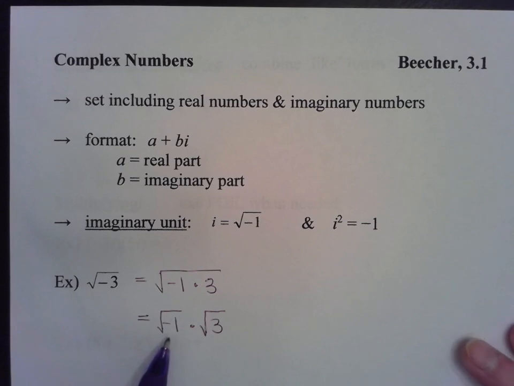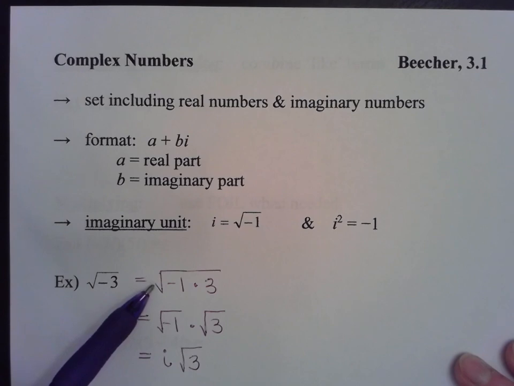The square root of -1, we said we're going to use i to represent that. So this would be i times the square root of 3, or the square root of 3 times i.